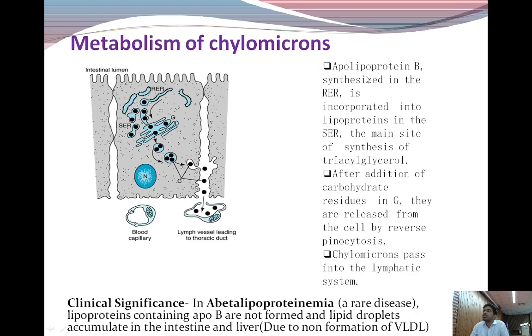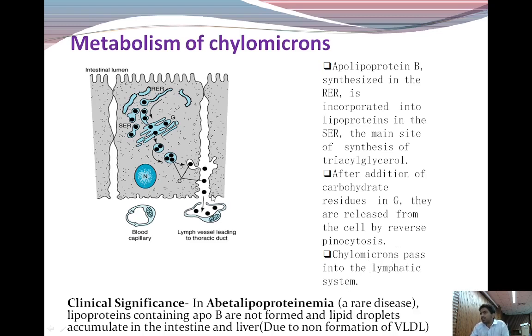Once this apoprotein is formed, it will come and combine with the lipoprotein in the smooth endoplasmic reticulum, which is the main site of synthesis of triacylglycerol, and triacylglycerol is the main component of the core of the lipoprotein. So triacylglycerol, containing the amphipathic lipid in the smooth endoplasmic reticulum, combines with apolipoprotein B48, which is coming from the rough endoplasmic reticulum, and then it will contain additional carbohydrate residue in the Golgi apparatus.